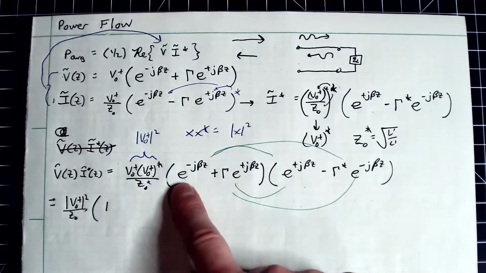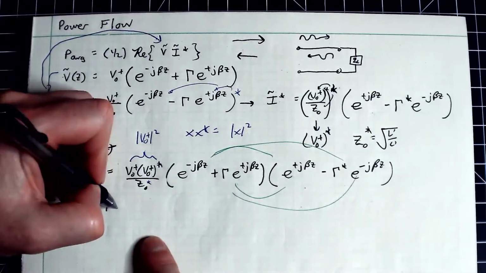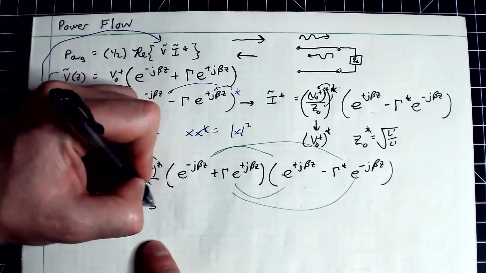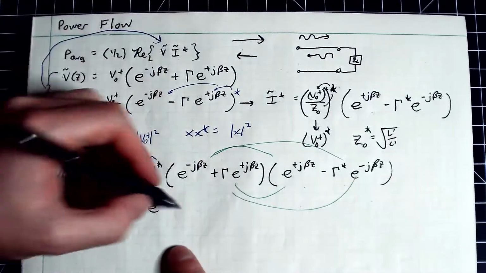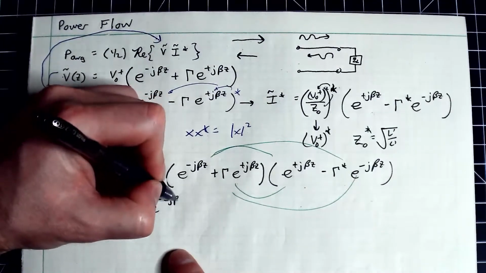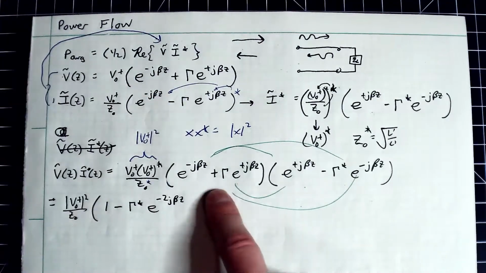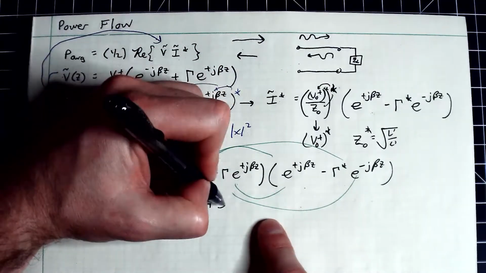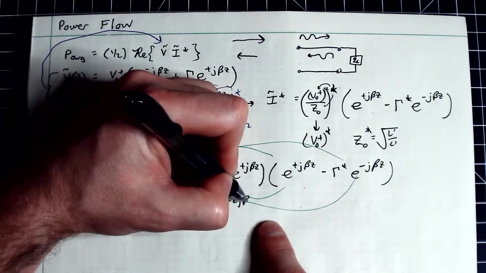And then this guy here is going to be minus gamma conjugate. And so I have minus in the exponent, which will give me a -2. And then the inner plus gamma e to the plus 2j beta z.